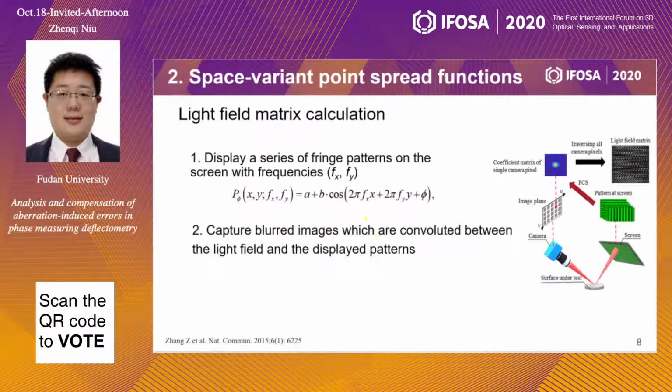The first step is to reconstruct the light field matrix. A series of fringe patterns with different frequencies are displayed on the screen, and the blurred images are captured by the camera, which are the convolution of the light field and the displayed pattern.